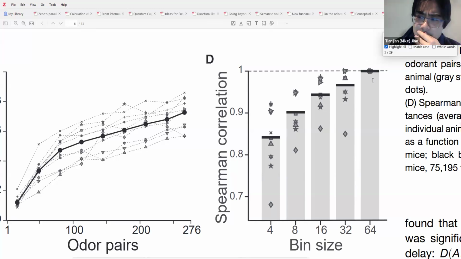Oh, I see. But just to check, when all the mice have a Spearman correlation of 1, what does it mean? What does it suggest about the data exactly?